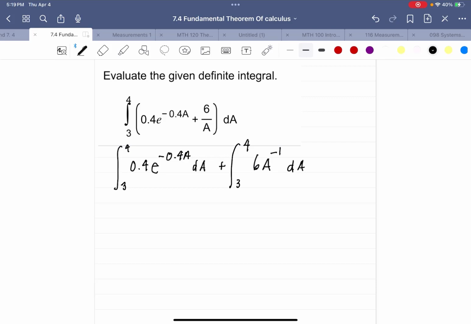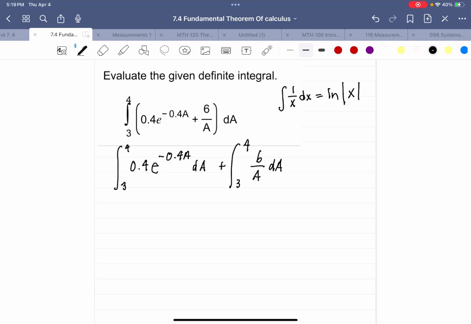And you can write the a to the negative 1, or you can just leave that 6 over a, because if you try to do the power rule over that, then you're going to get a division by 0. You have to remember that the integral of 1 over x dx is the natural log of the absolute value of x. So that's what we have for this second part.